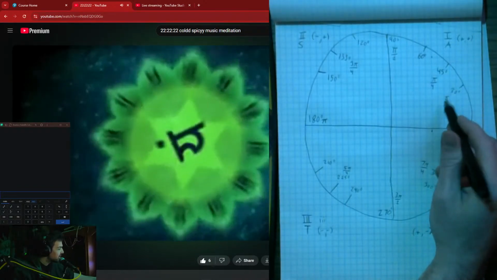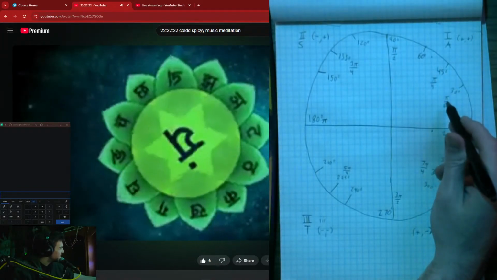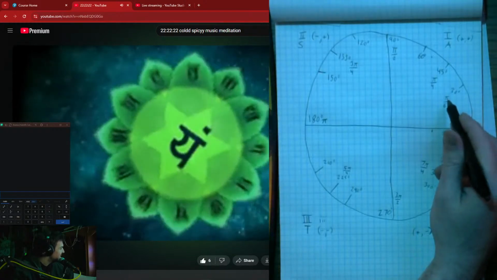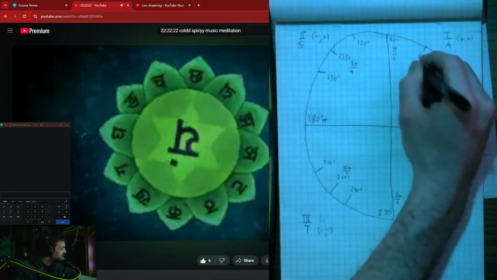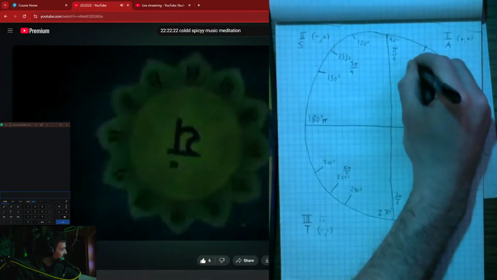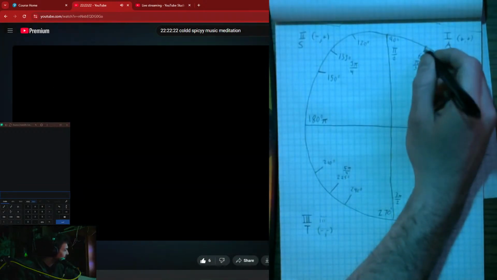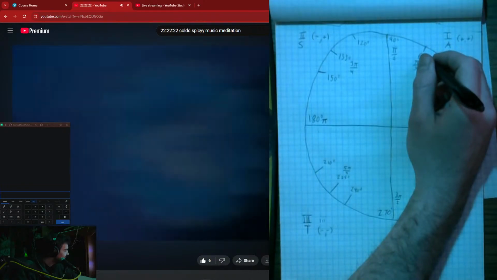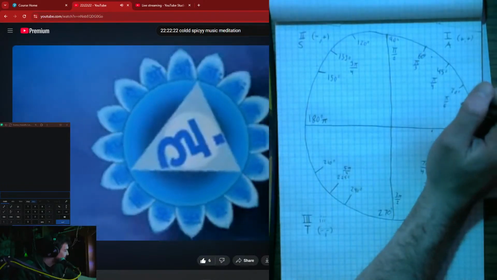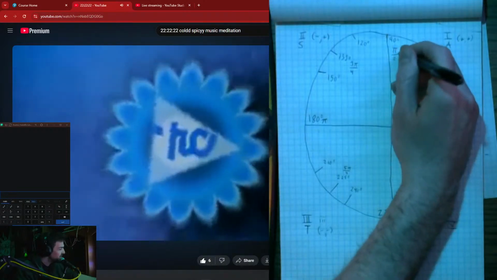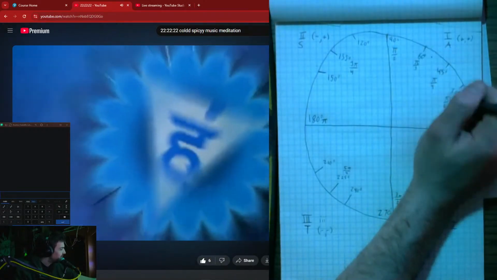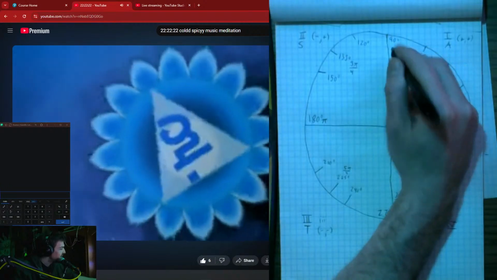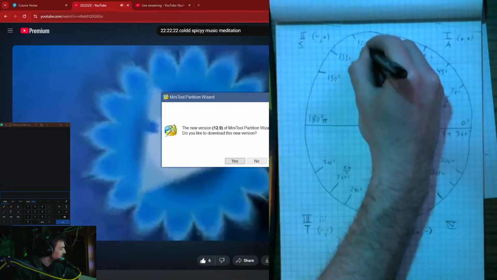Then we'll do the sixths. So pi over 6 is 30 degrees. 2 pi over 6 is the same as pi over 3. 3 pi over 6 is half pi. 4 pi over 6 is 2 pi over 3.